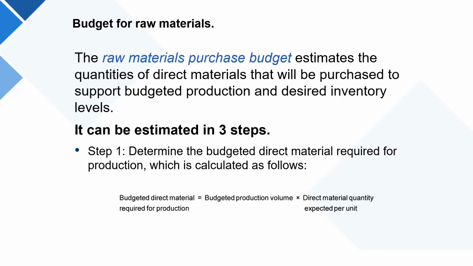The first thing you need to do is know the budgeted production and the raw material required for production. So you need the information of how much raw material per unit you need to work on this budget.